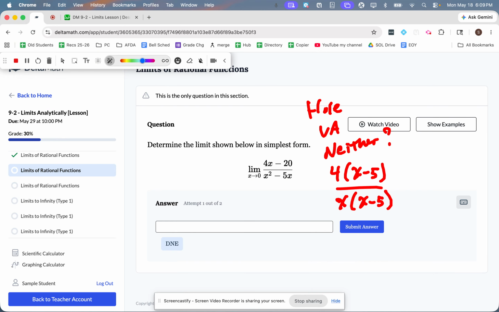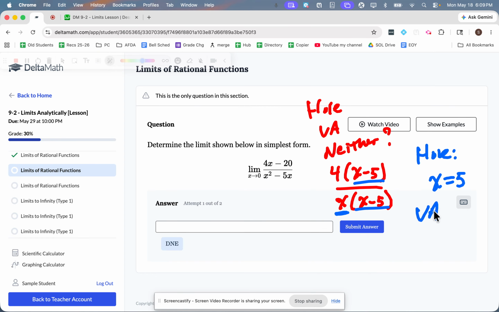It looks like we have a hole at x equals 5. We don't know the y. We have yet to do that. But we also have this factor. Remember, x alone is a factor. Sorry, it's not a binomial, but it is a factor that's alone in the denominator. So we have a VA at the zero of x, which is 0. We have both.